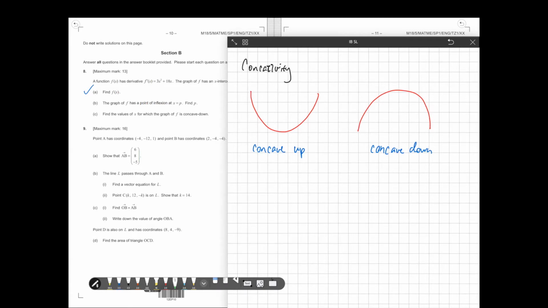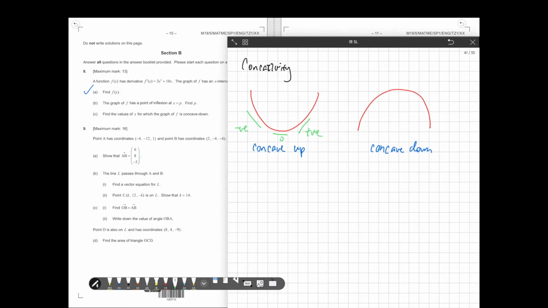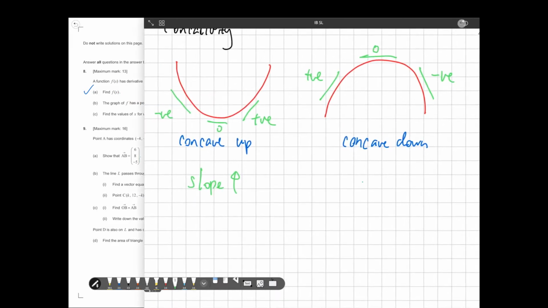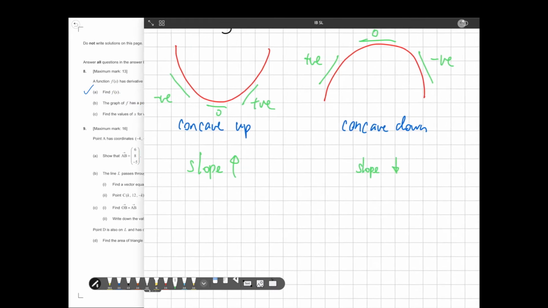And we know that the slope is changing: negative, 0, positive. On the other side, it is positive, 0, negative. I'm talking about the slope. So for concave up, the slope is increasing, right? But for concave down, the slope is decreasing.